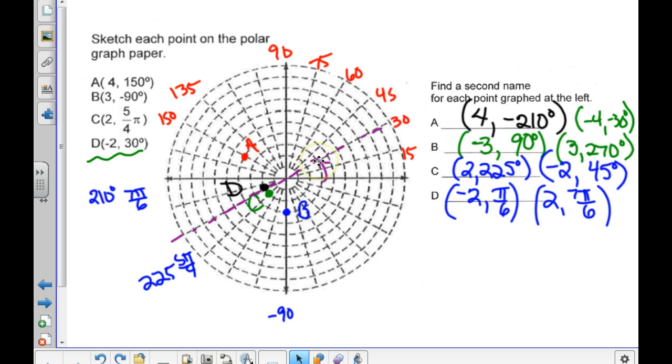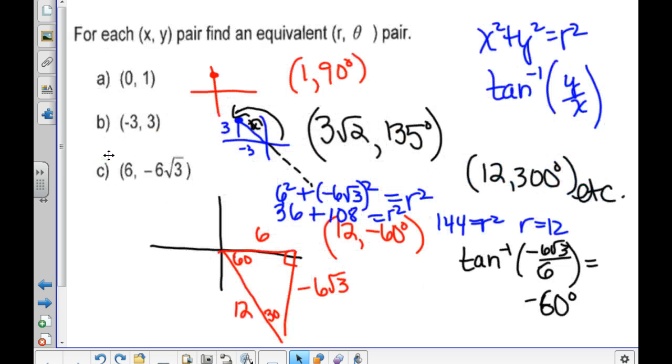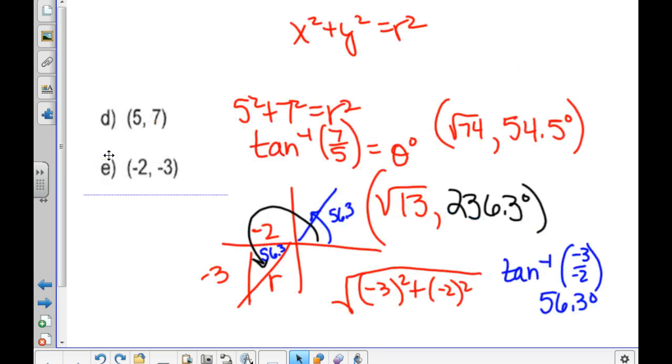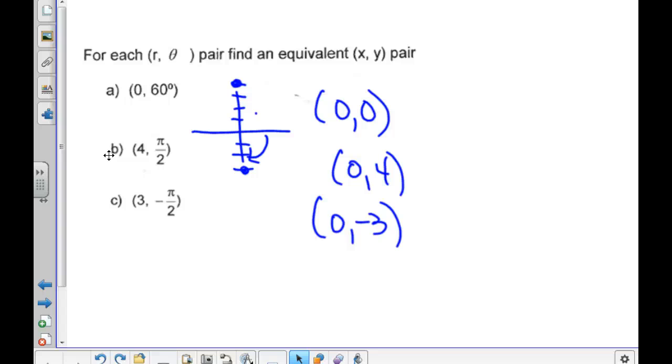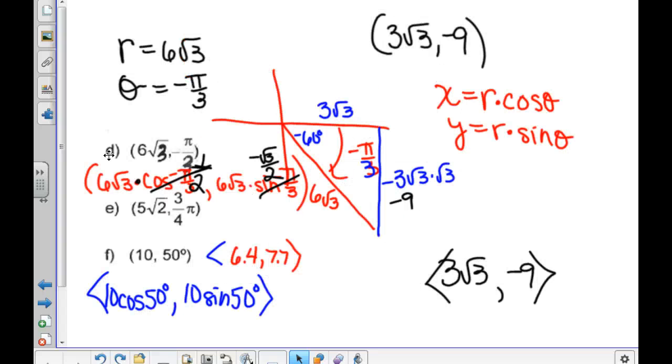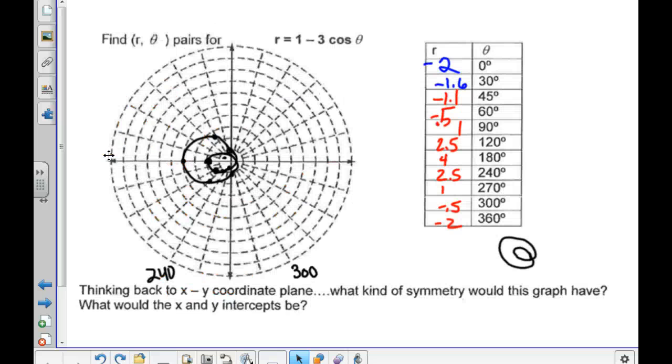We turned 30 degrees counterclockwise, but then instead of walking out, we did what? We backed up, which was where that negative 2 came from, and that was point D in the black on that slide. Okay. Then we did some converting fun, and then we went the other direction. And then we finally got to the fun of graphing.